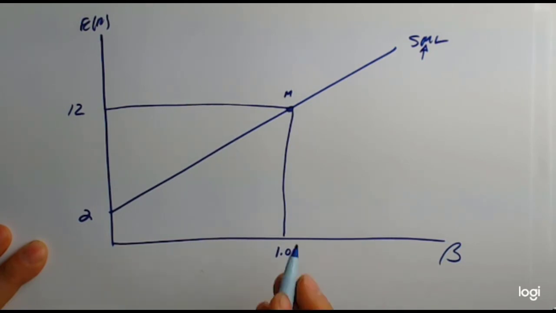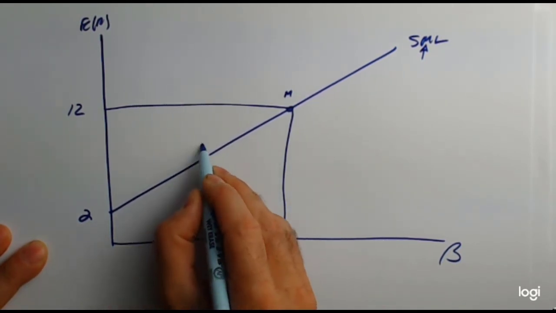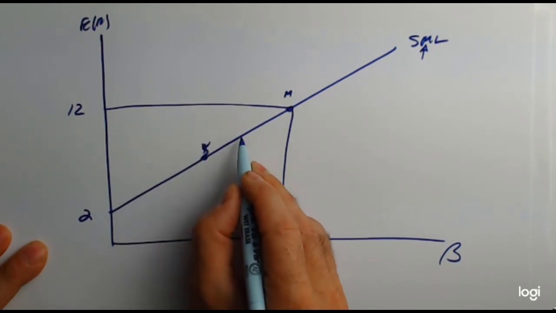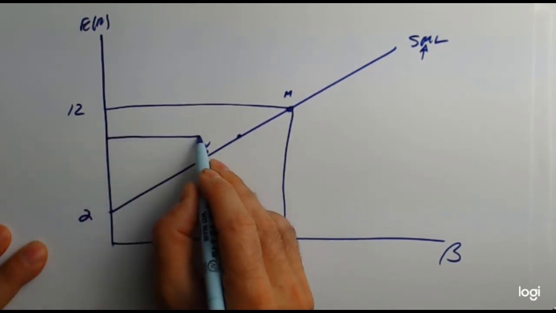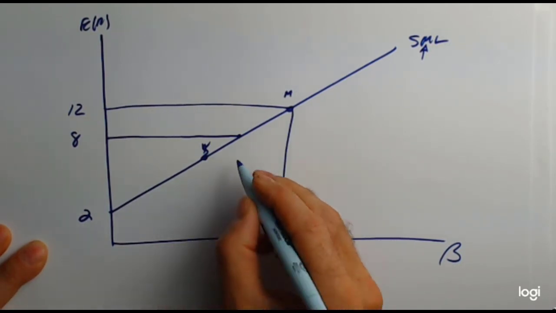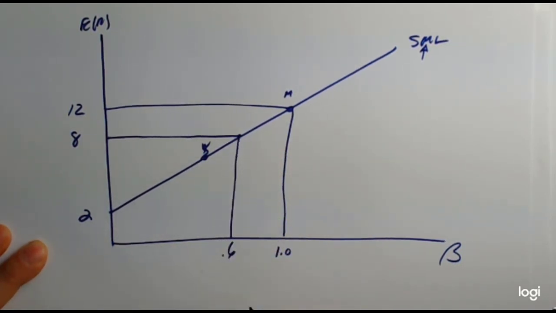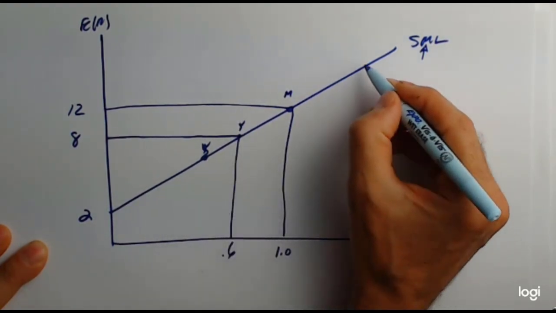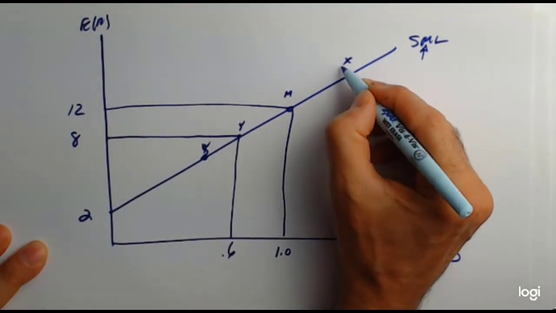Then we have portfolio Y, which has an 8% expected return and a beta of 0.6. So this is Y, and then X is up here somewhere.